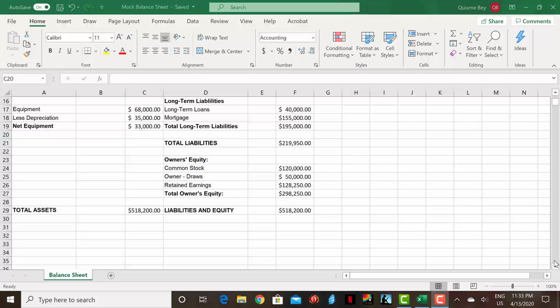Now we need to calculate the total assets. To do this, we need to insert the proper formula into cell C29. In cell C29, we insert equals C9 plus C15 plus C19. Cells C9, 15, and 19 are the subtotals of the total assets. That's why we are calculating them together.